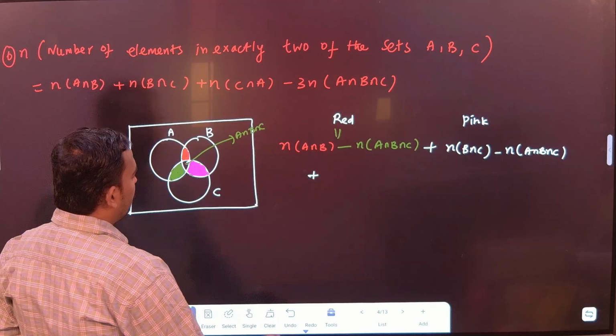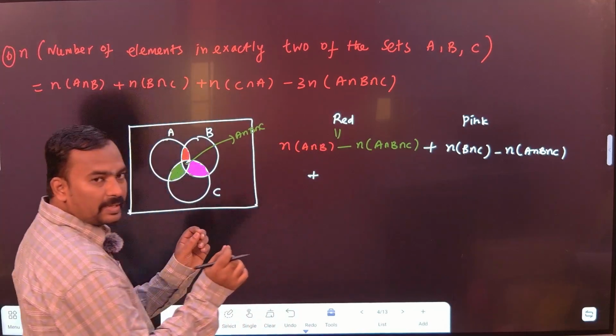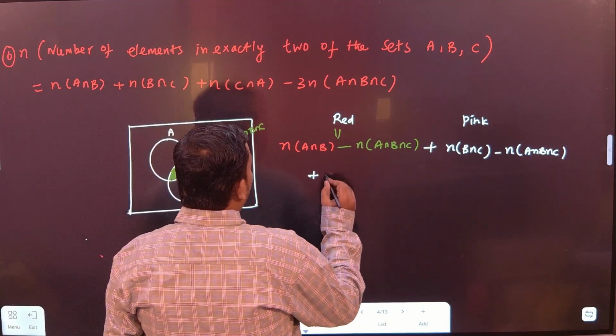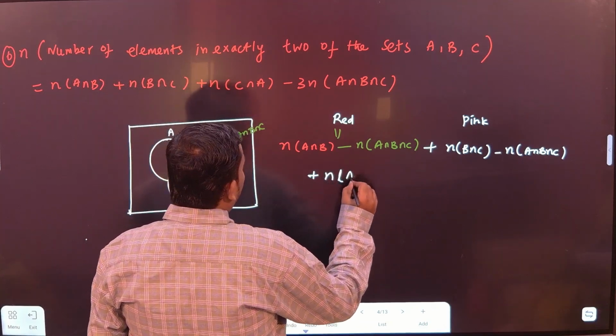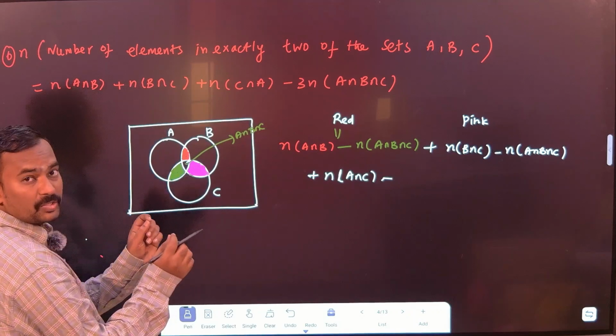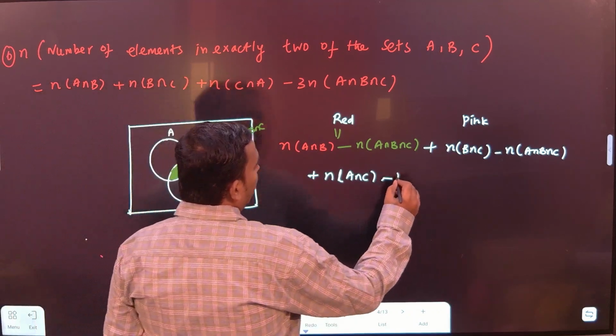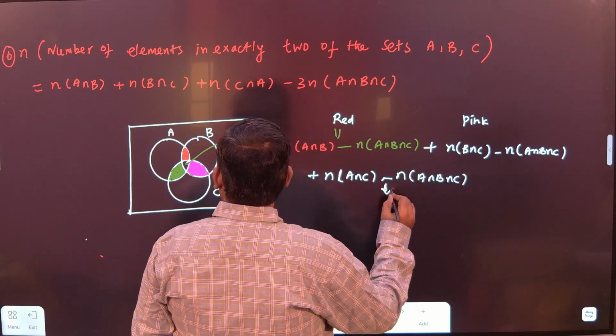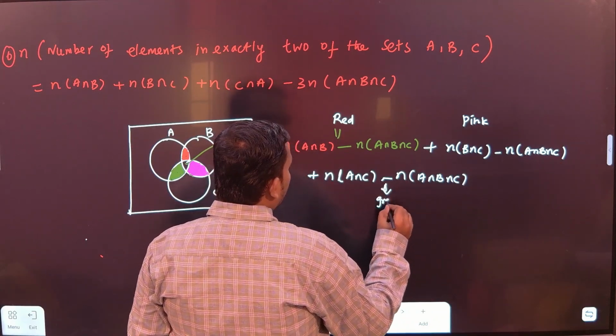Only green color is required, then only you get exactly A and C. That means A intersection C, and you remove that A intersection B intersection C part. This is for your green color.